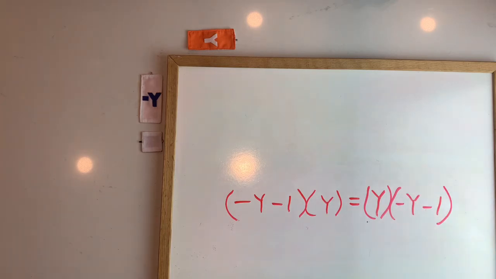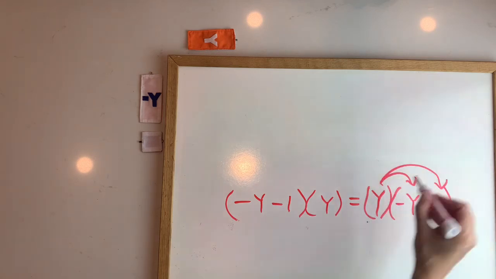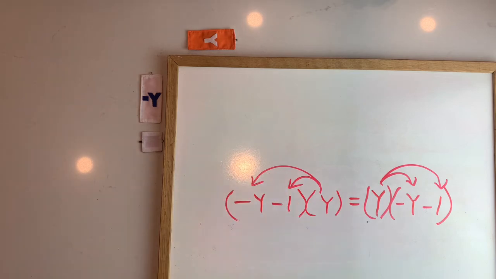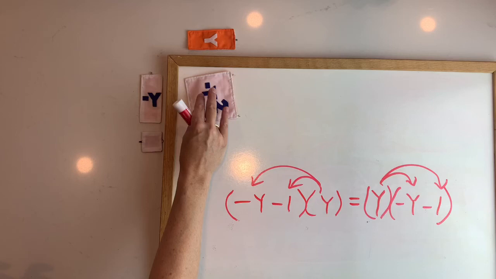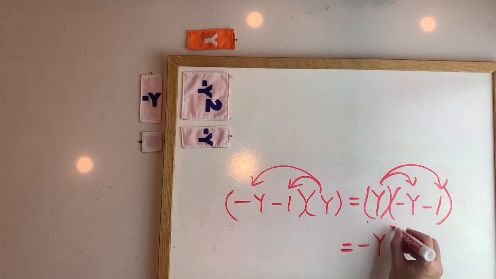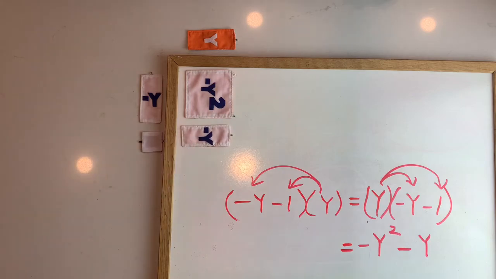And we can do that if it makes us feel more comfortable with the multiplying. Either way, you can multiply like this, or you could consider multiplying that way. The result will be negative y squared minus y.